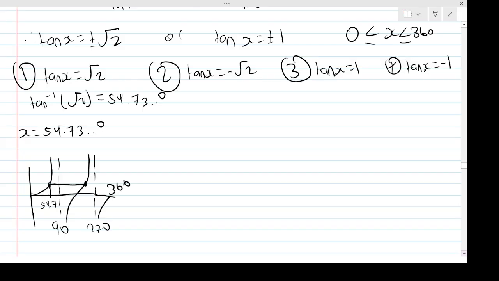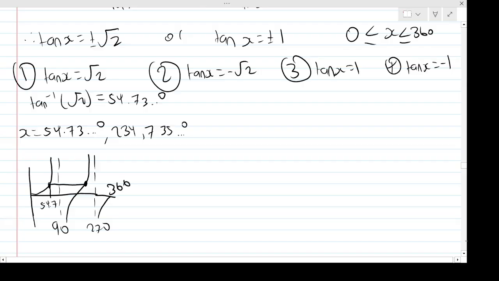If we read off our graph, the next point would be there. But that's going to be 180 along. That's the graph repeating itself, 180 more. Hopefully you can see that. Think back to when we looked at the tan graph. That's 180 extra, so we just need to add 180 on to get the next solution. So 54.73 add 180 gets me the next solution, 234.735 blah blah blah.